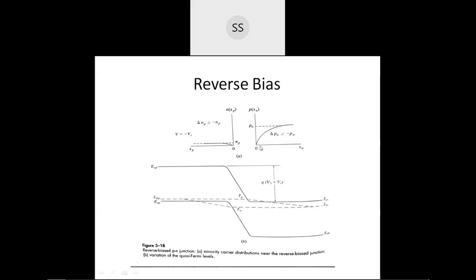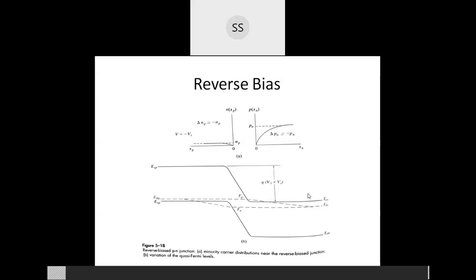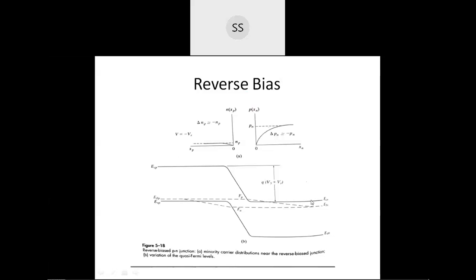So the amount of reverse saturation current directly depends on the rate at which the holes arrive at xn naught and electrons arrive at xp naught. Because the holes are the minority carriers in the n region, the rate at which these holes can come towards the n region decides the reverse saturation current.